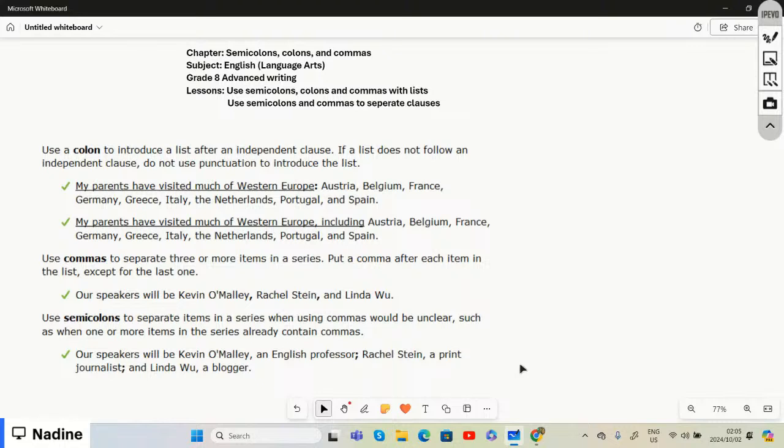So when it comes to a colon, we use a colon to introduce a list after an independent clause.